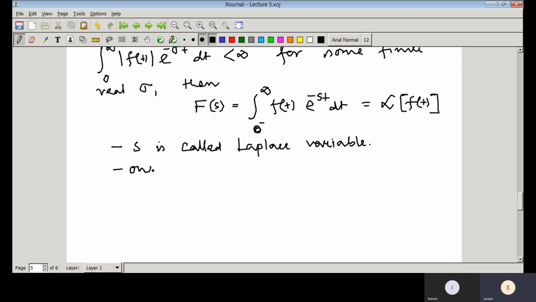So this is the one-sided Laplace transform. In control we will be taking the one-sided Laplace transform, and it makes sense since the systems are causal.